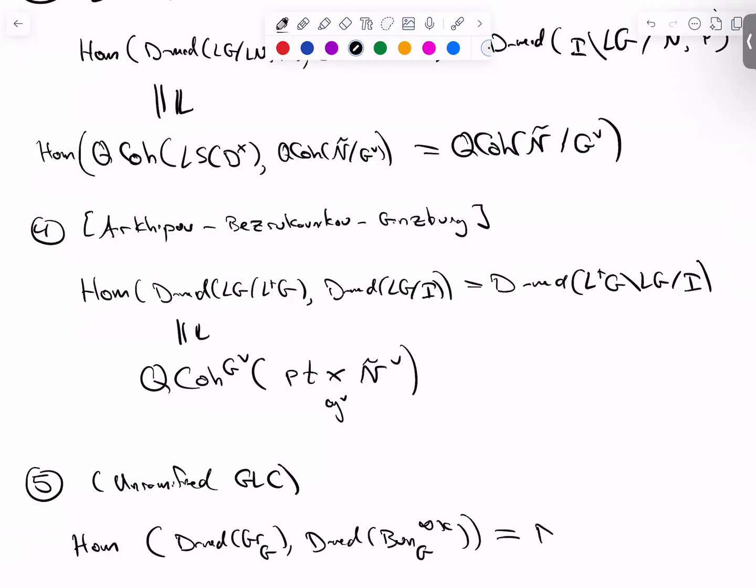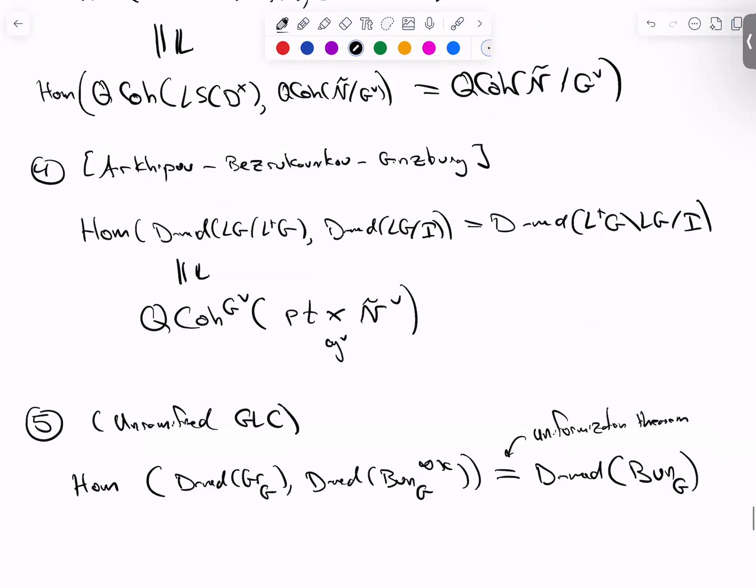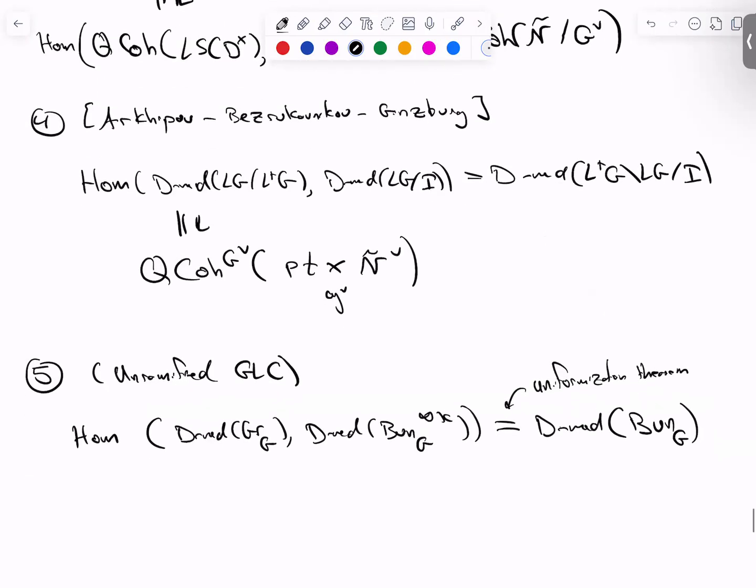So if you do loops G mod positive loops G, and then BunG infinity X is like modding out by G out. So this by the uniformization theorem is exactly BunG. So that is one side.